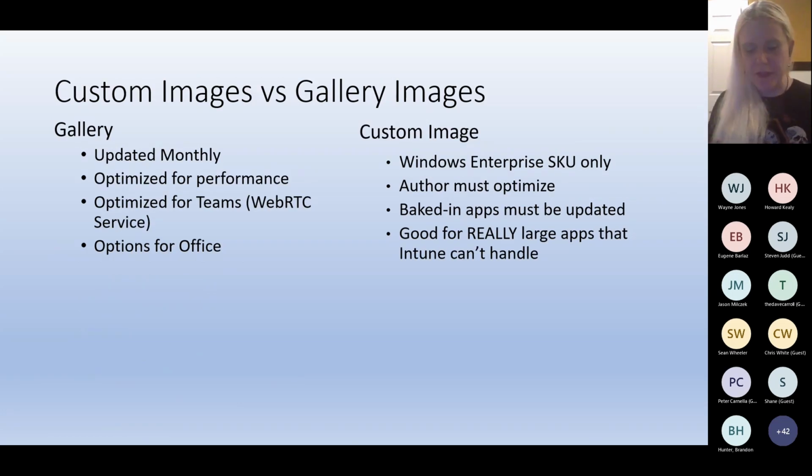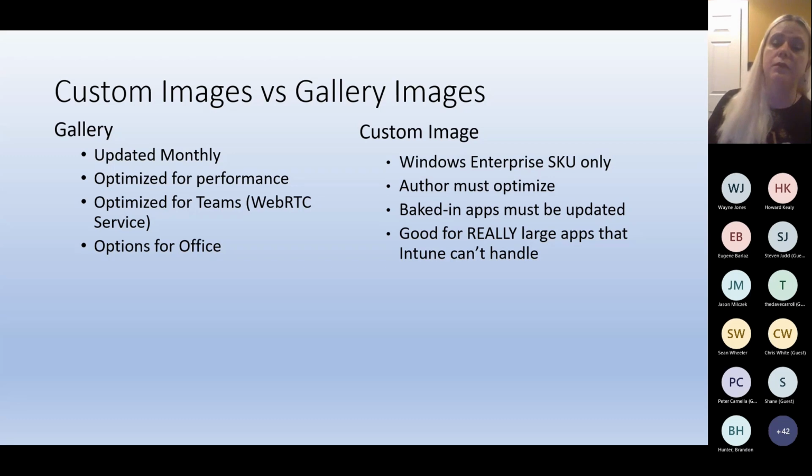So we essentially have two core options when it comes to images with Windows 365. There's the gallery images, which is what we officially suggest you use. The reason is the image itself is updated monthly. We have optimizations for VDI already baked into it. If you're deploying Office as part of the cloud PC, the Teams optimizations are included as well.